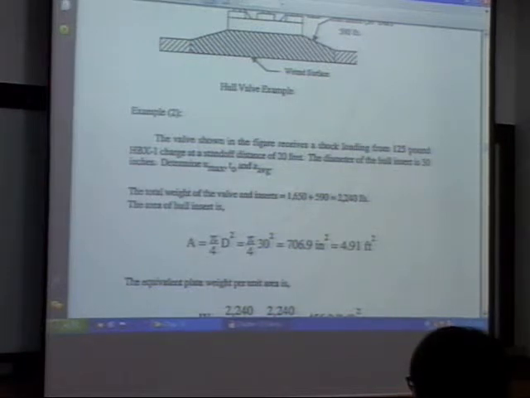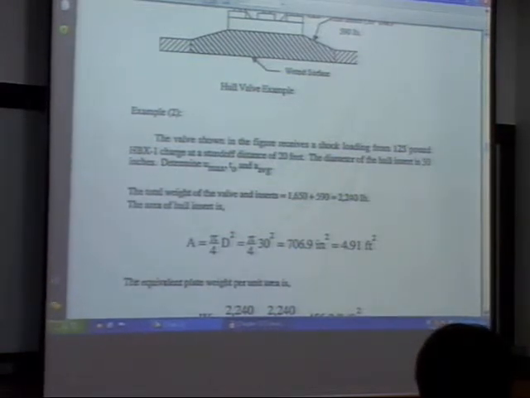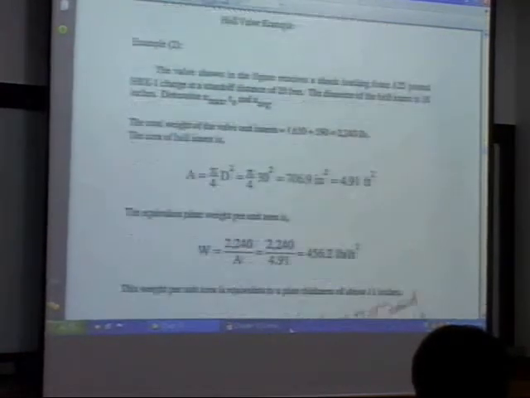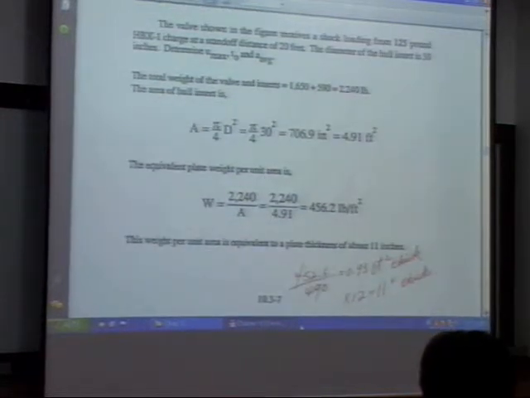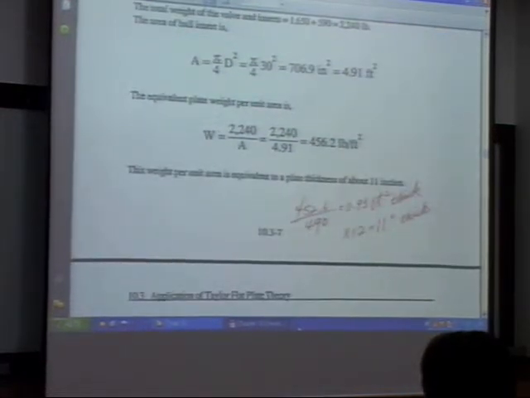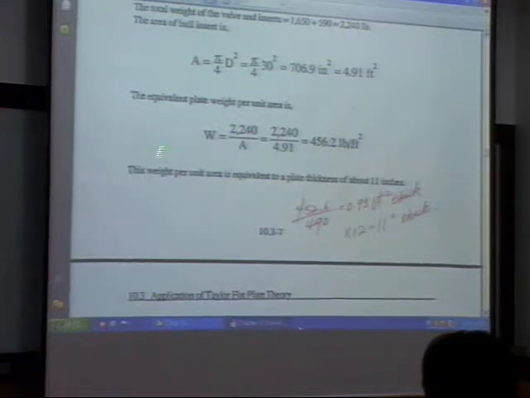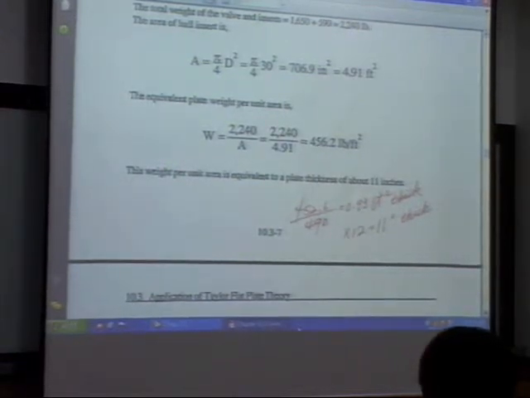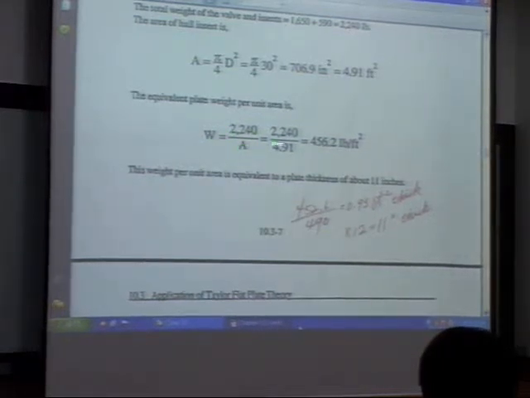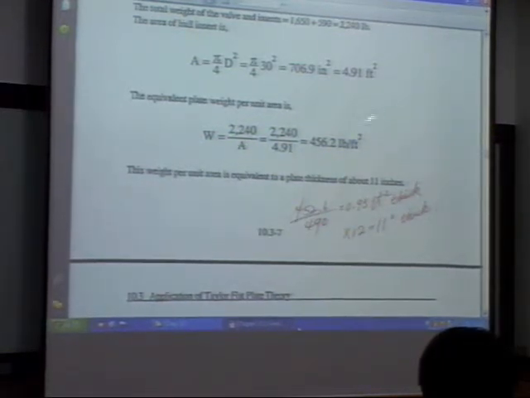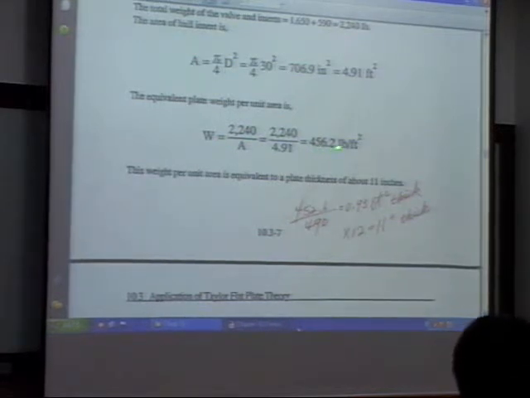You have to use metrics in Korea, in Asian countries, in Western countries. In the US, maybe the only country that uses gravitational units. Now I'm using gravitational units here, so W in pounds divided by area in square feet, then you compute that.